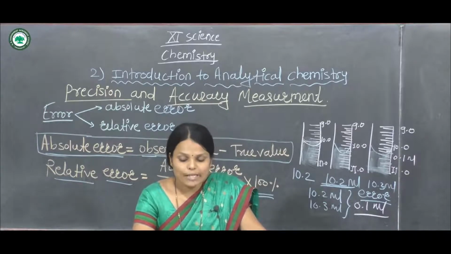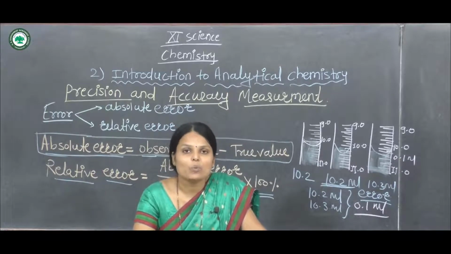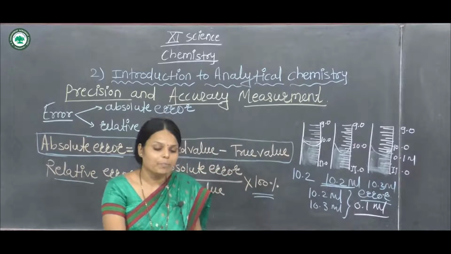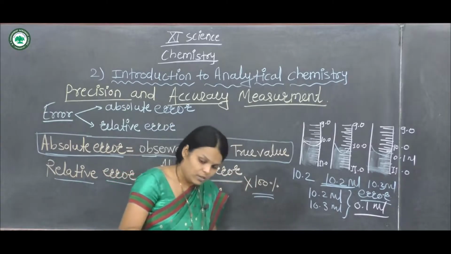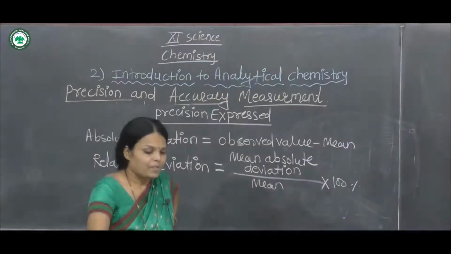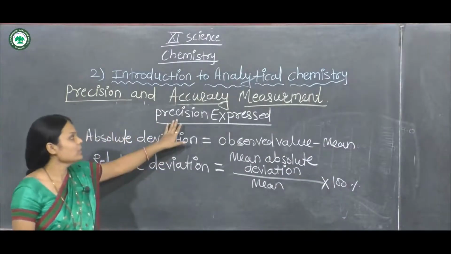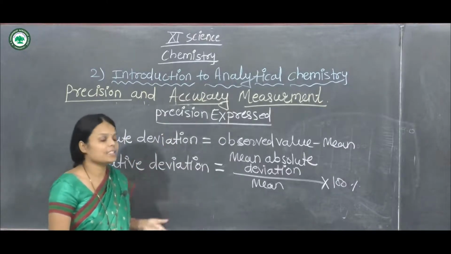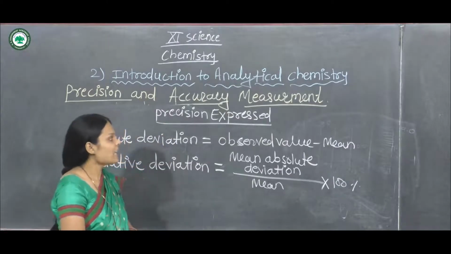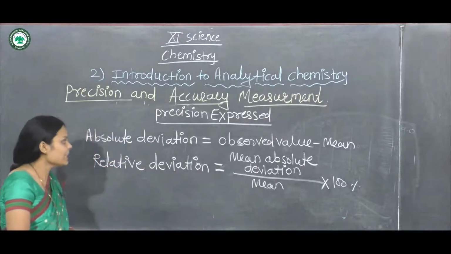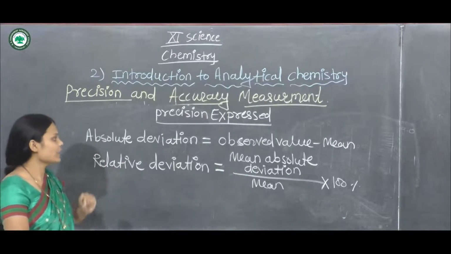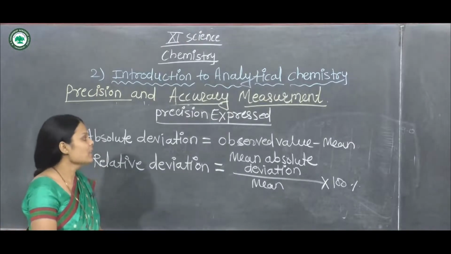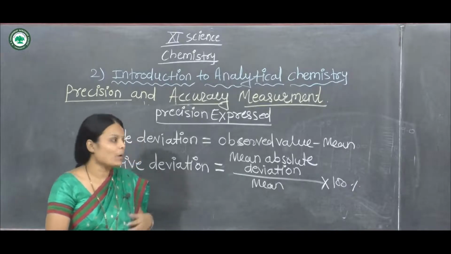Precision is expressed in two forms of deviation: absolute deviation and relative deviation. Absolute deviation corresponds to observed value minus mean value.